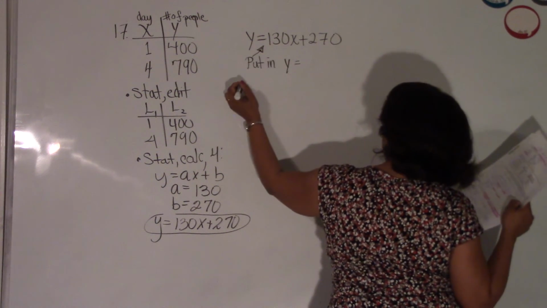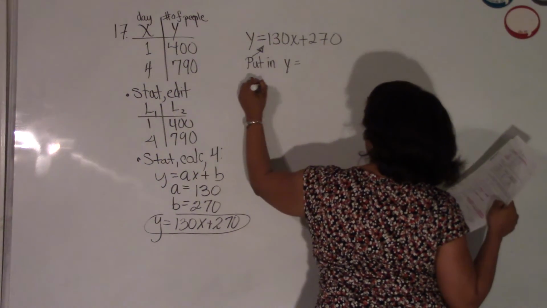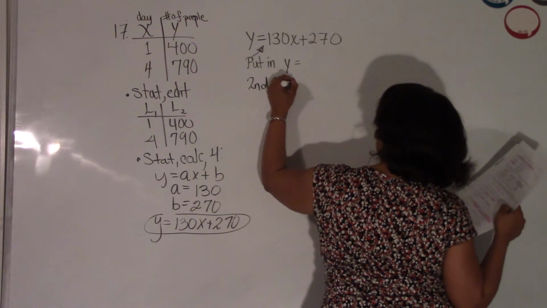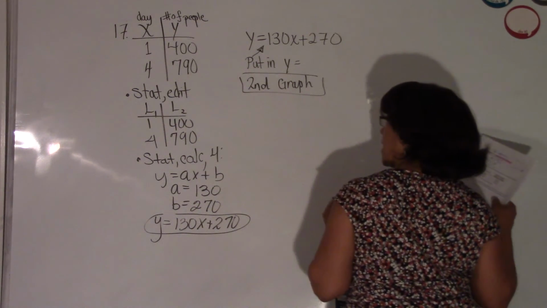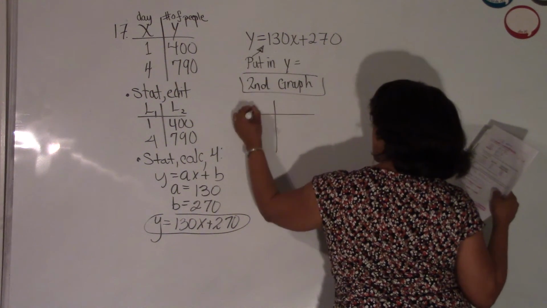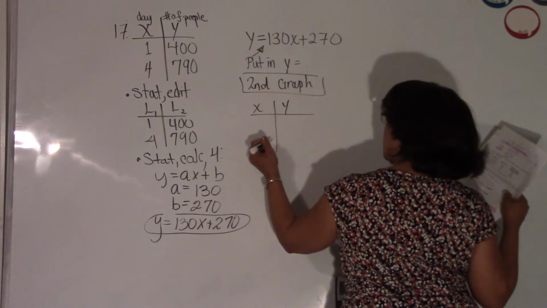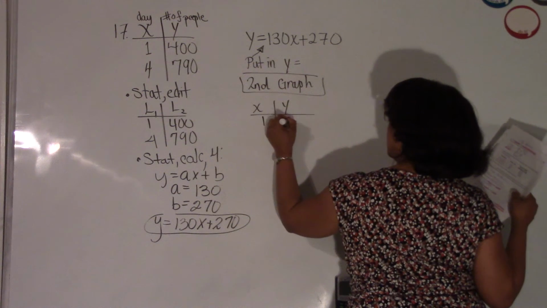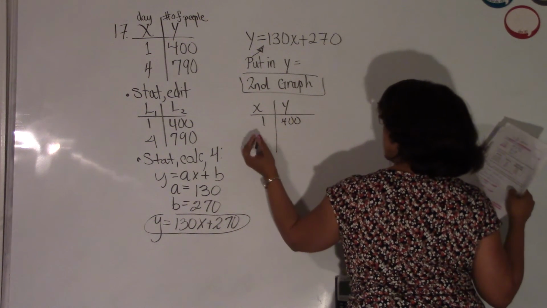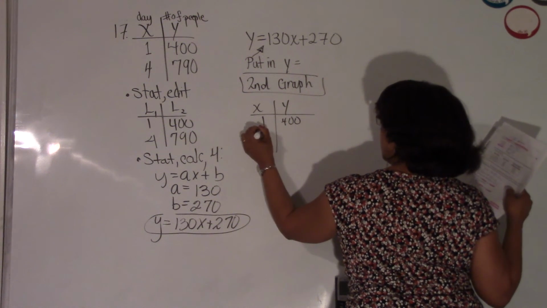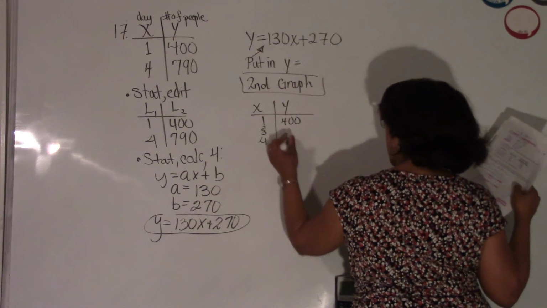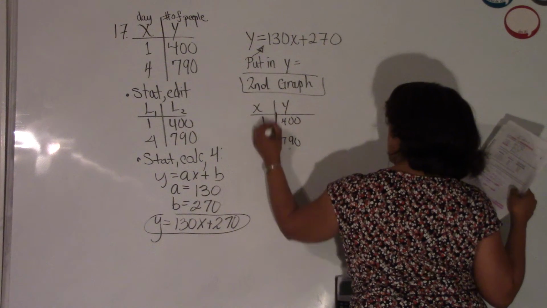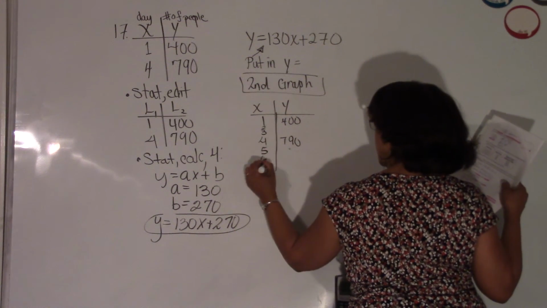Then after you do that, you hit second graph because you want to go to the table. What are you looking for in your table? Right, you want to find out, so we have 1 and 400, and we're going to have all our other numbers. We're going down, we're going to have 2, 3, 4, and we want to go all the way down to 7.